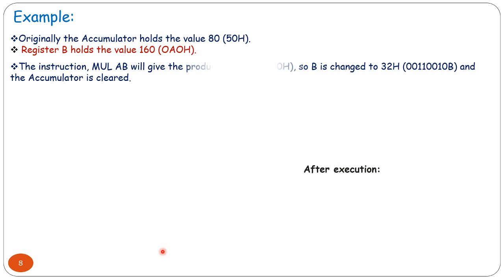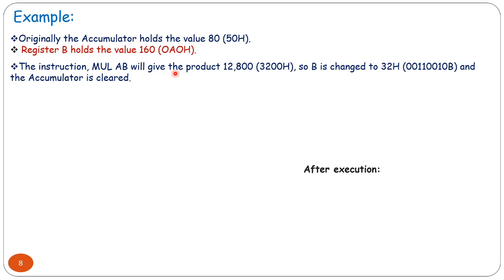So let us take the example. Originally the accumulator holds 80 in decimal and 50H in hexadecimal. B register holds 160, that is A0H.